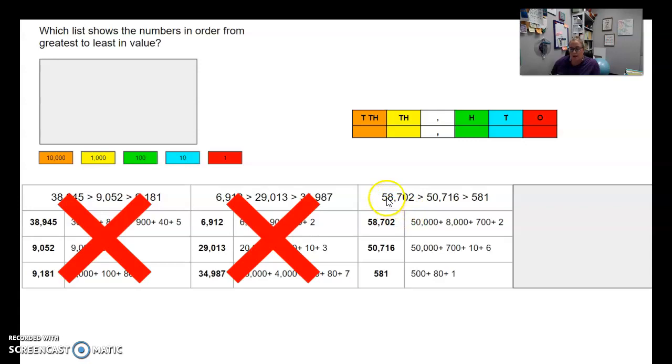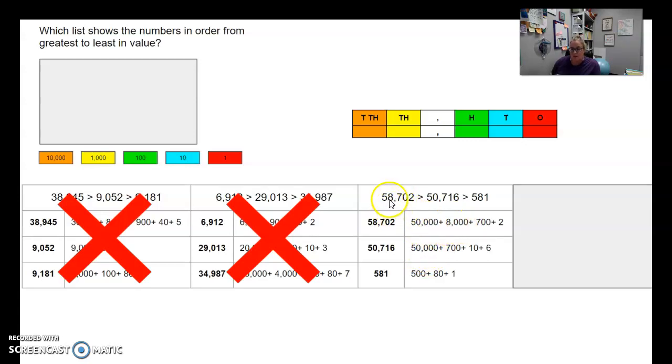I have 58,000 here, I have 50,000 here, and I have no thousands here. So I automatically know this is my smallest number. So then it's just between these two. Well, if I have 58,000 and I have 50,000, which one's bigger? Yeah, 58,000 is bigger. I have 50,000, I have 50,000, but I also have 8,000 more over here.